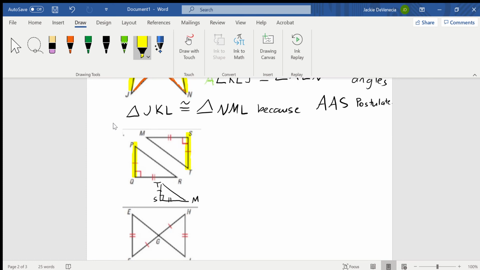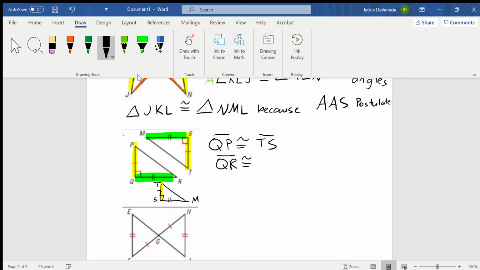And then we have QR with MS. So let's just write these side pairs. So we have QP is congruent with TS. And then we have QR is congruent with MS, right?